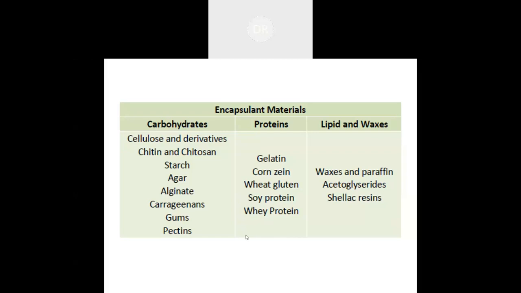In the next few slides, we will see where they are used. Then proteins: gelatin, carrageenan, wheat gluten, soya protein, and whey proteins are also used as wall material. Then waxes, paraffin, acetylglyceride and salicylic resins are also used as wall material.